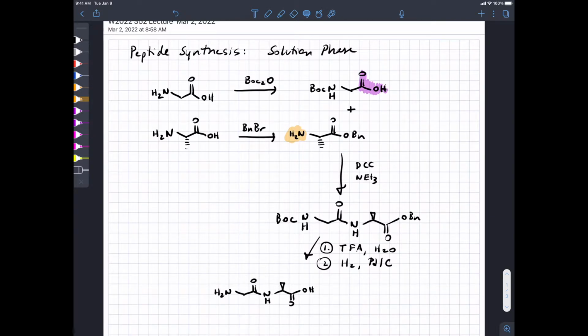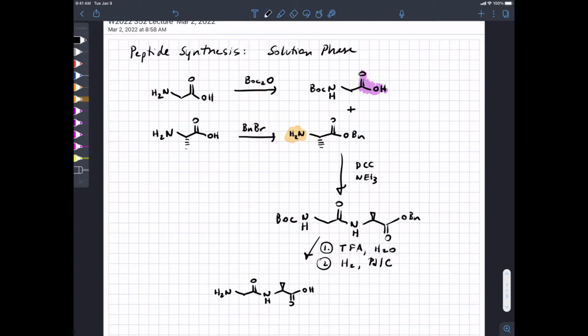We said that in order to form a particular amide bond, you've got to have protecting groups for amino acids to prevent the wrong amino group from reacting with the wrong carboxylic acid. So our protecting group for amines is BOC, which we can install with BOC anhydride. And usually in both of these cases, we need a non-nucleophilic base.